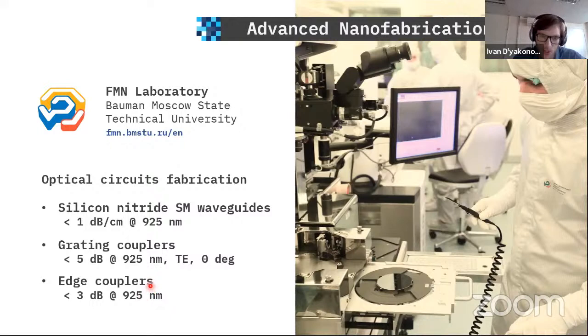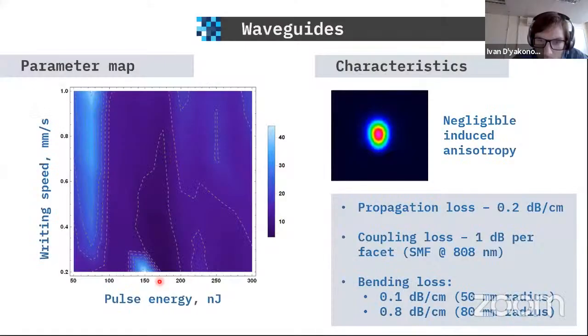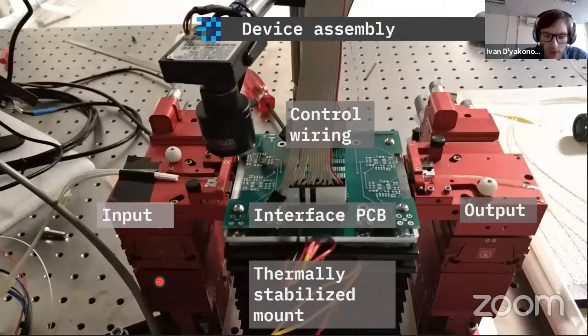We don't use any specific fibers at the moment because we want to operate with devices using several ports, for example, 8 ports or 16 ports or even more. On this photo here, we have an array of waveguides on the input and on the output. If we want to use lensed fibers, which are typically used with edge couplers, we need to fabricate this V-groove layout with the lensed fibers.